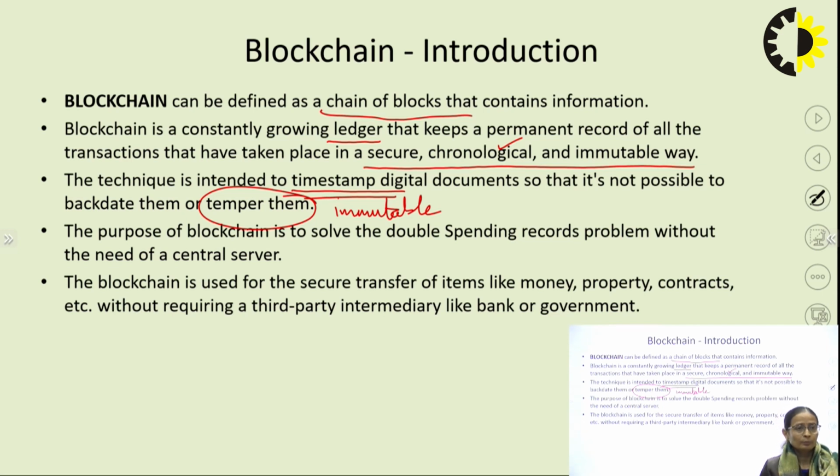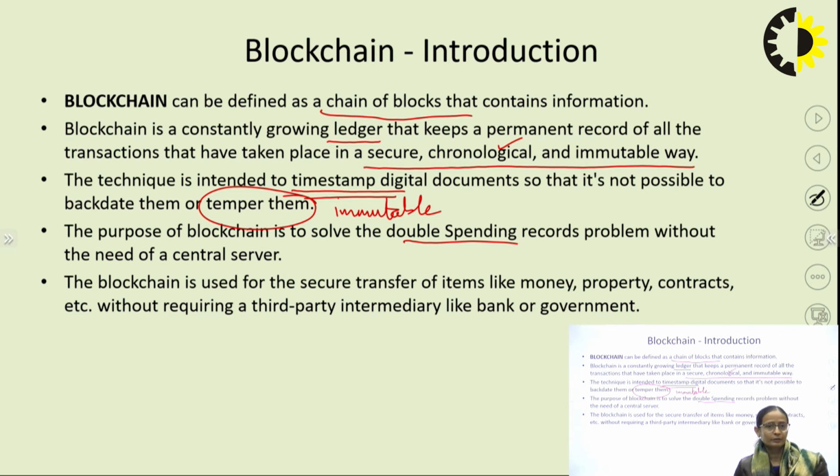The purpose of a blockchain is to solve the double spending problem without the need of a central server. Double spending means that we have a currency and this currency is spent at two places. Although in the case of physical currency, double spending is not possible, because what you have physically in hand, you spend when you buy some service or good from a shop.